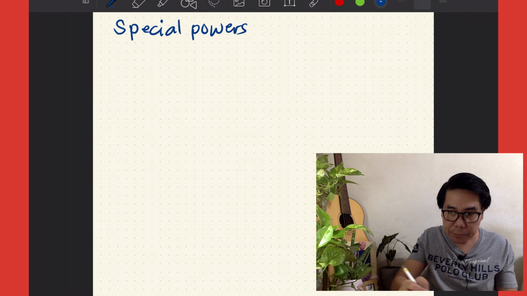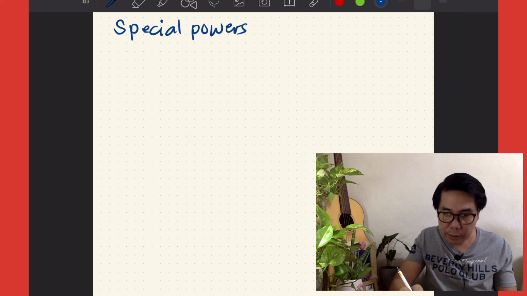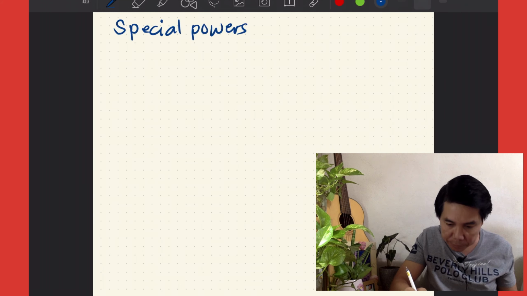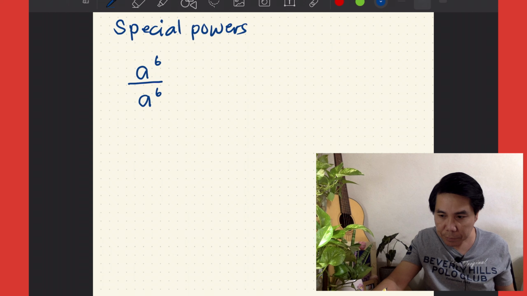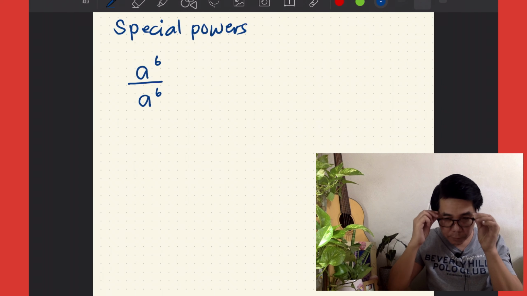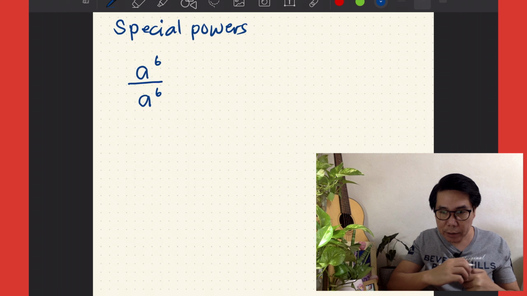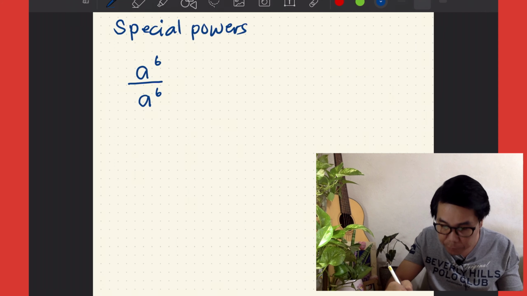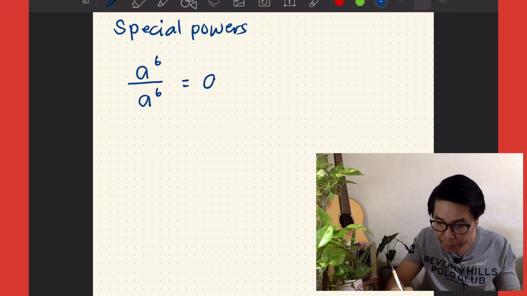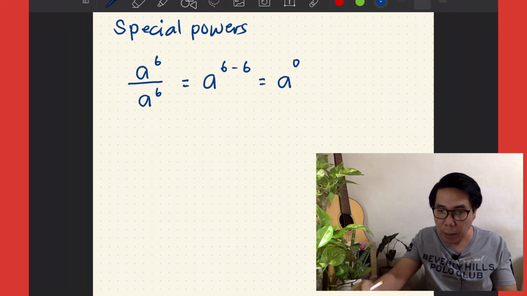Let's say we have a to the power of 6 divided by a to the power of 6. Using the rule for dividing indices, we have a, and then 6 minus 6, is equal to a raised to the 0 power.